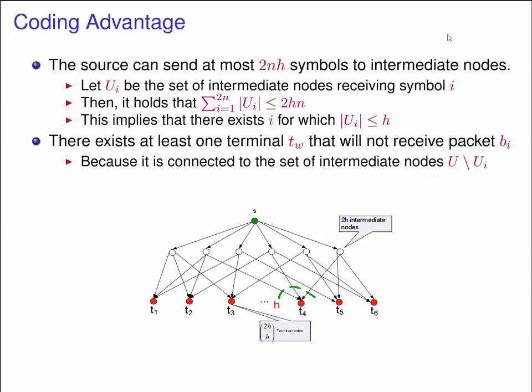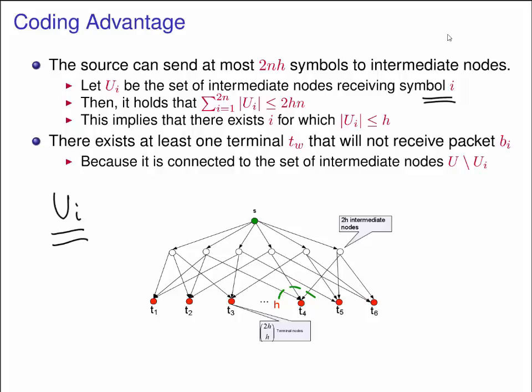So now the next step is, suppose that each symbol that we're sending, symbol or packet, I will just use interchangeably, it's the same thing. Suppose the set of intermediate nodes receiving symbol i is denoted by ui.